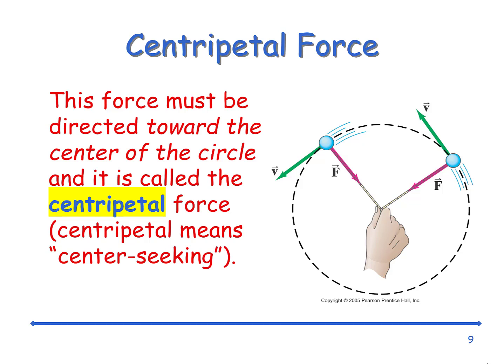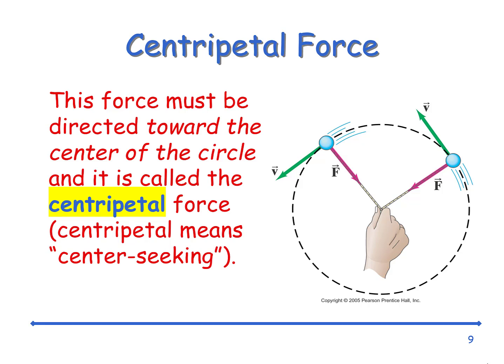Centripetal means center seeking. So that force is going towards that axis of rotation, that center of your circle, and it is pulling the ball in that direction so that it's always changing its direction to stay along that circular path. There are a lot of different places where that centripetal force can come from.